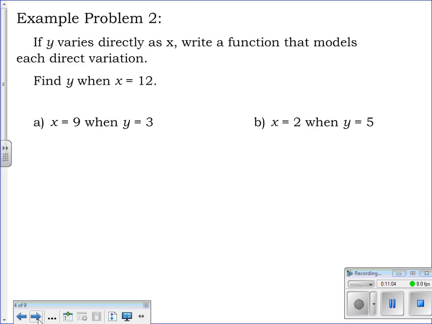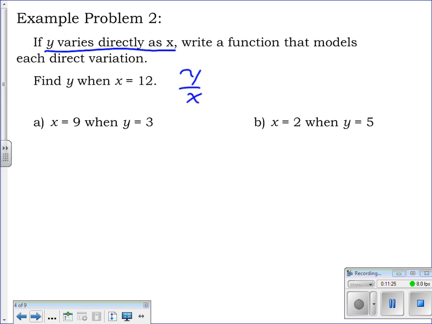Okay. Now comes the fun part. We've done this. Y varies directly as x. The key to these problems is right here. That line: y varies directly as x.